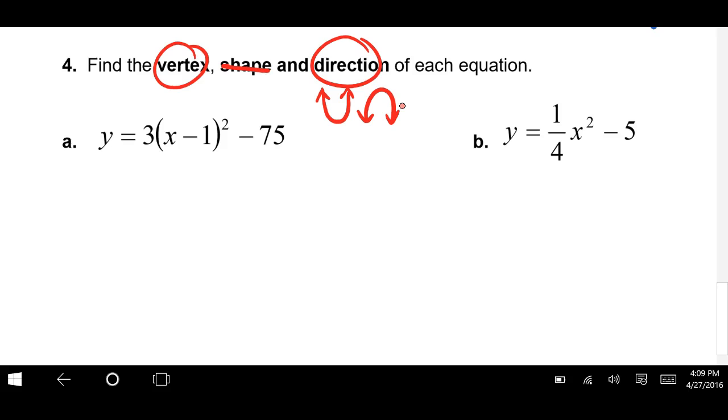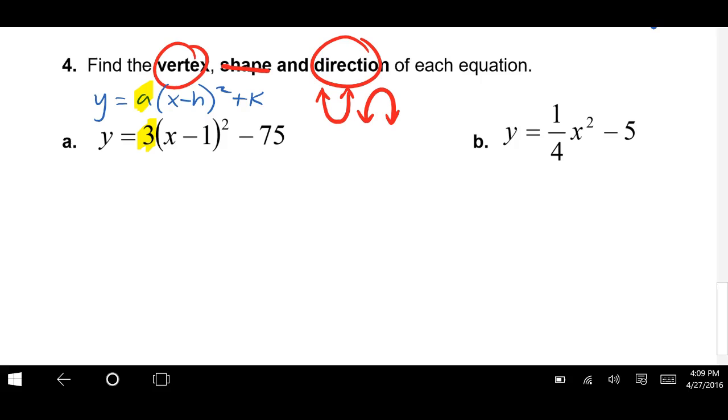Okay. Now remember, let's start with the direction. The direction comes from looking at the a value, because remember, this is in vertex form. Vertex form is y equals a times (x minus h) squared plus k. The a tells us whether it opens up or down.